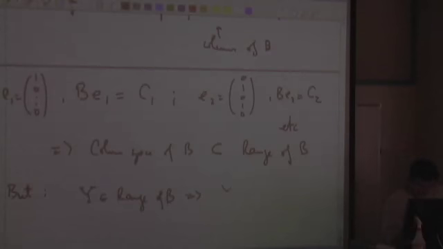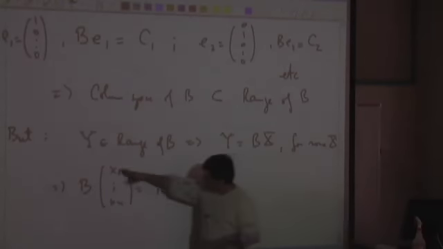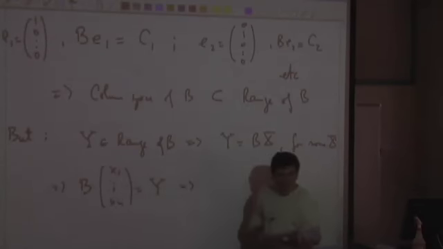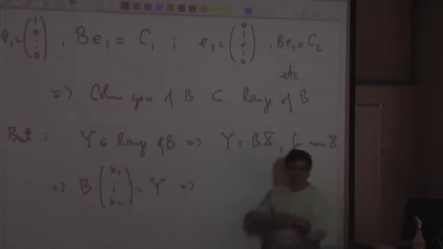It means that y is B times some x for some vector x, right? So what does that mean? That means you have a system of equations. So it means B times (x1, ..., xn) equals y. And when you think about this, B times (x1, ..., xn), well, what is (x1, ..., xn)? This vector is a linear combination of the e1, ..., en, right?